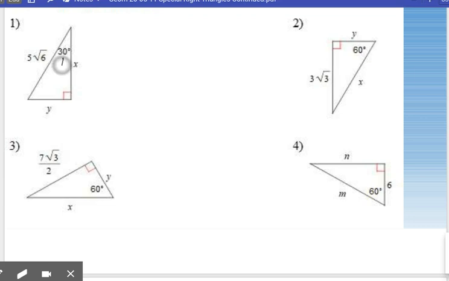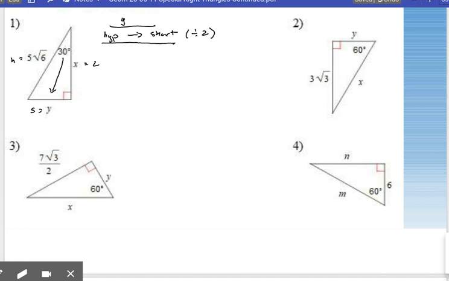Okay, for this first one, there's my short side. There's my long side. So I need to figure out the y first. And we are going hypotenuse to short, and hypotenuse to short, remember, we are going to divide by 2.